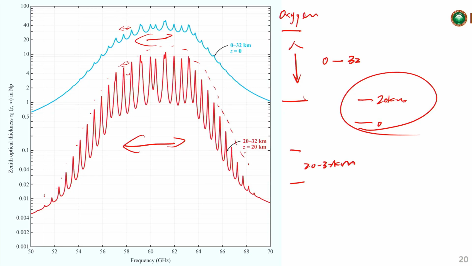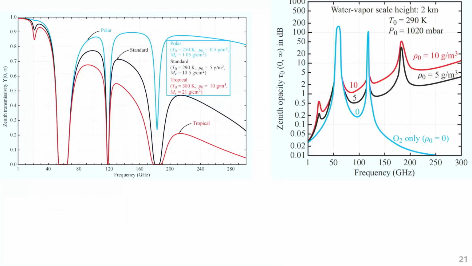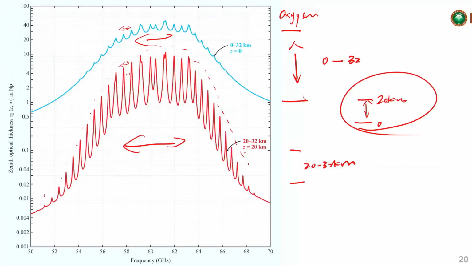Okay, there is another parameter that we want to introduce. If we want to see how this part blocks or affects the transparency of the electromagnetic waves, we call it the opacity of the clear atmosphere.